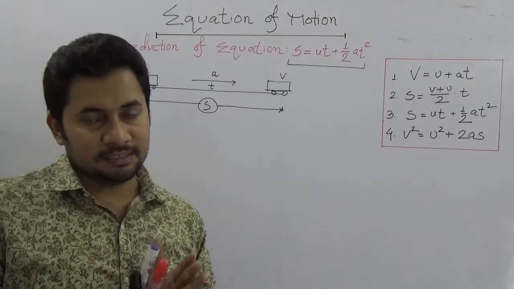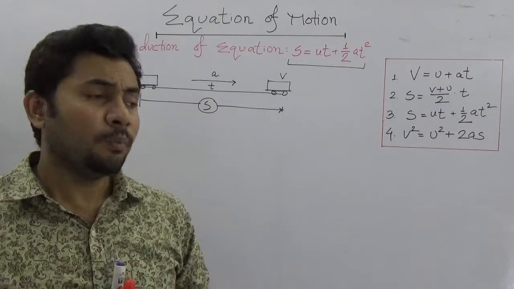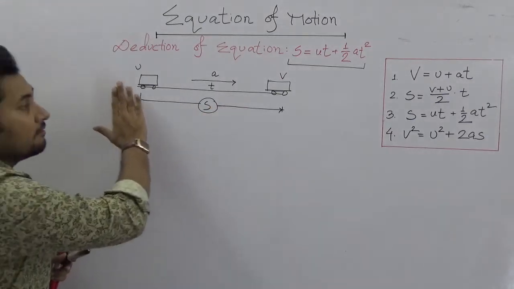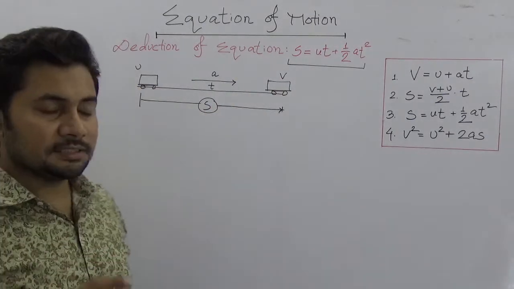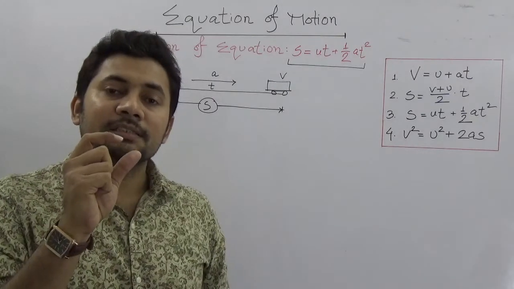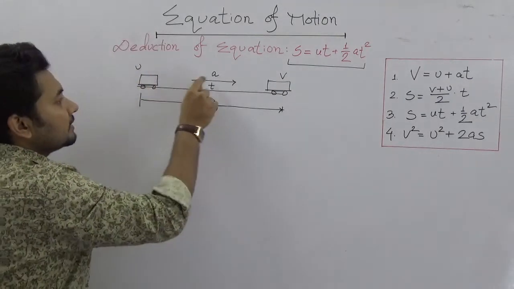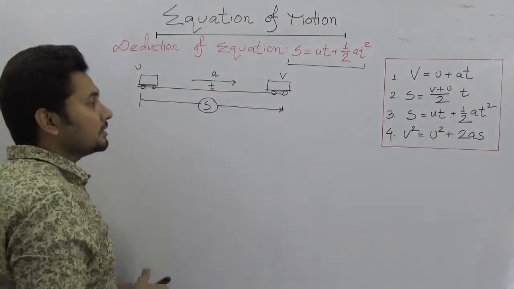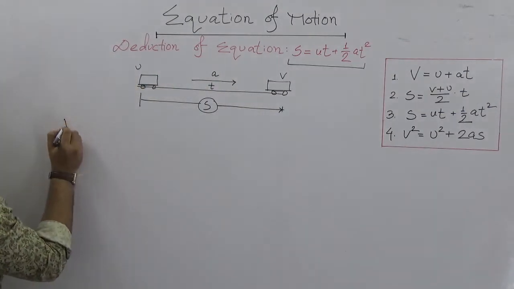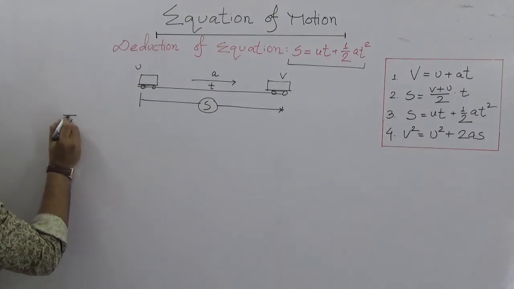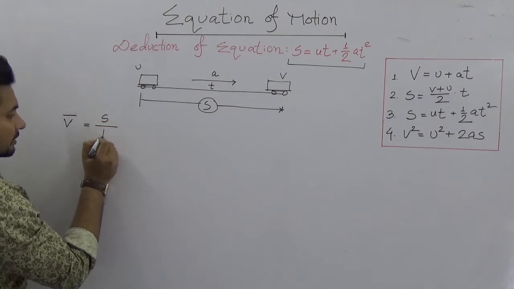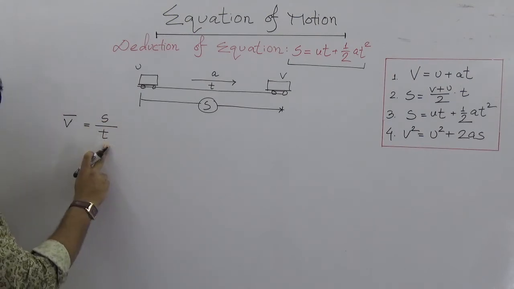If this is the scenario, we must know that in this case we have an average velocity, which means a uniform velocity. This average velocity is equal to displacement over time.